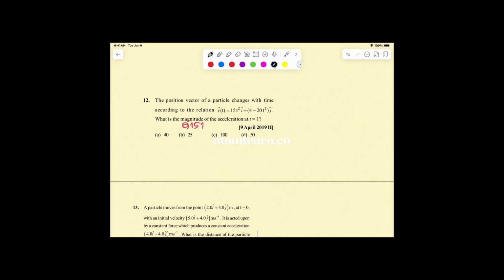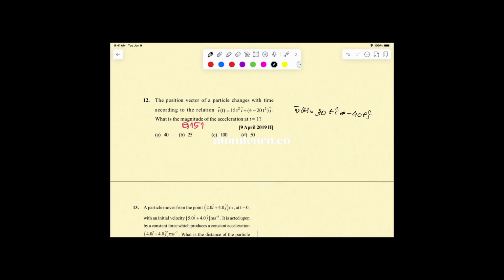Now differentiate it twice. Differentiate once and you get velocity. The velocity vector is given by differentiating 15 t squared i cap with reference to time, which gives 30 t i cap, plus differentiating 4 gives nothing, then minus 20 t squared gives minus 40 t j cap.